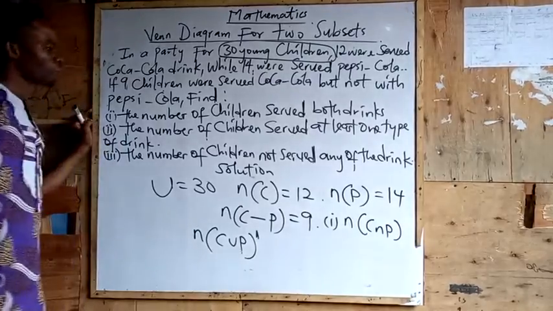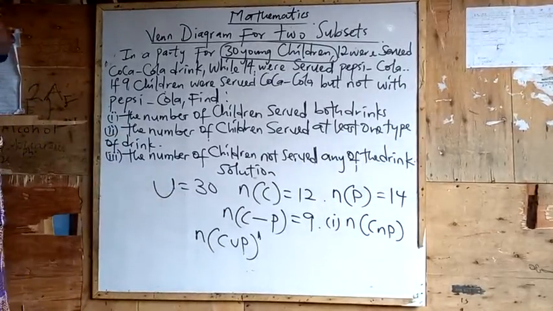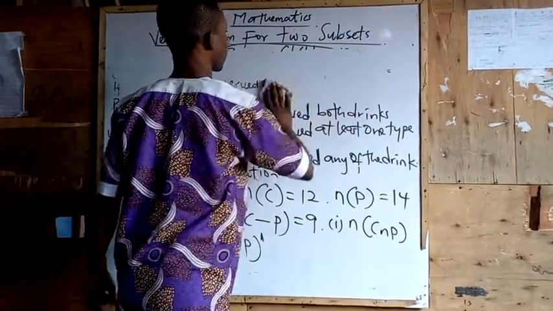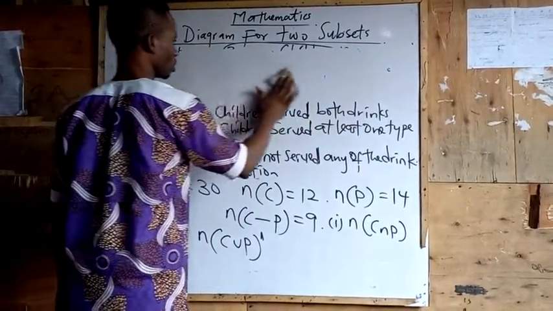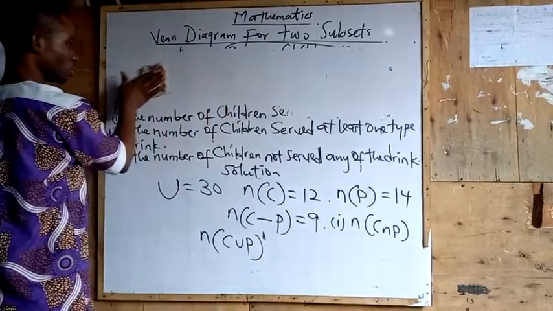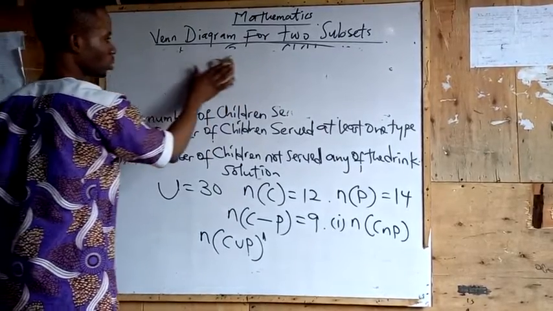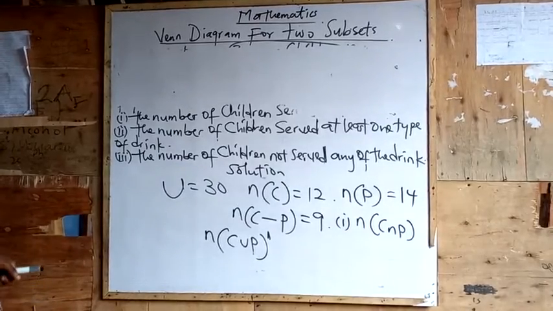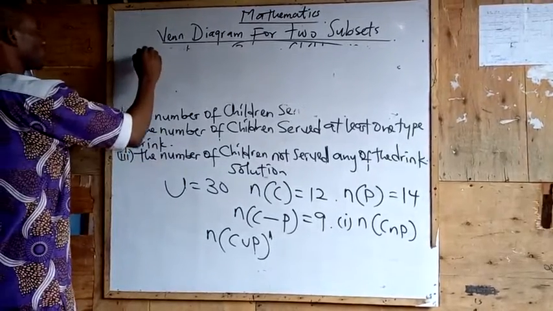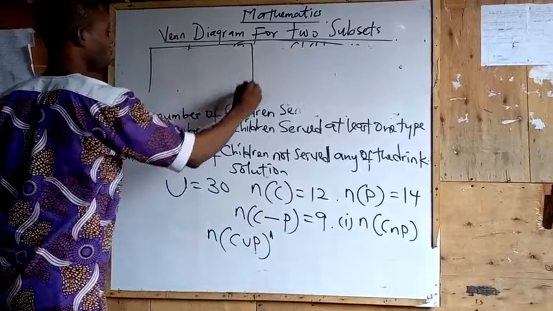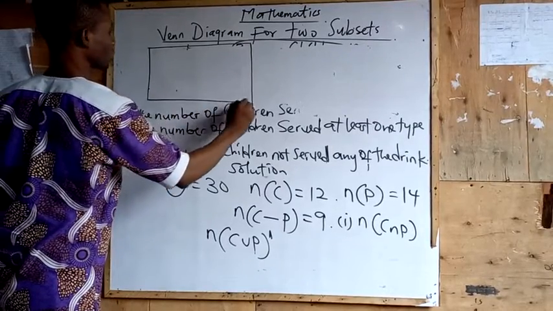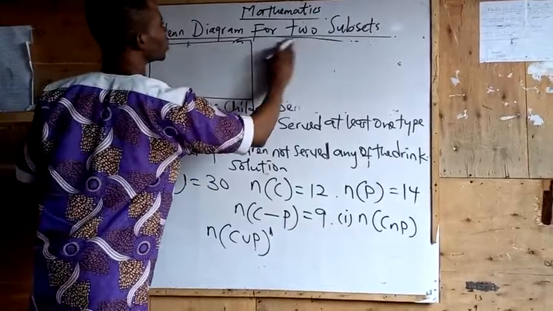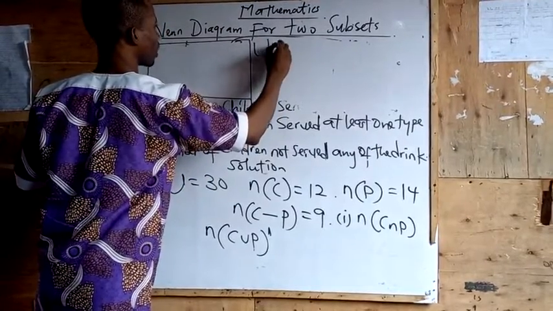Now, let's put this in the form of a diagram. Our diagram is this. We are given the universal, which will be outside here.